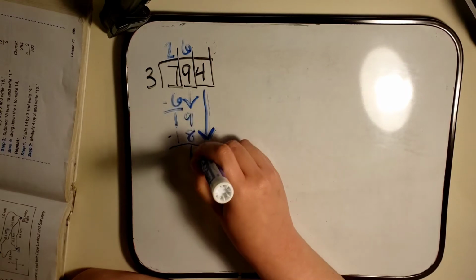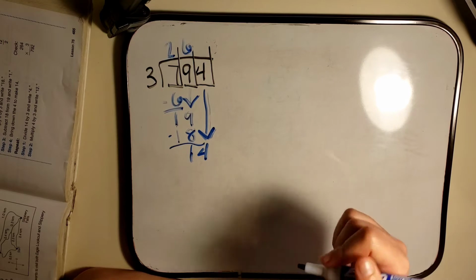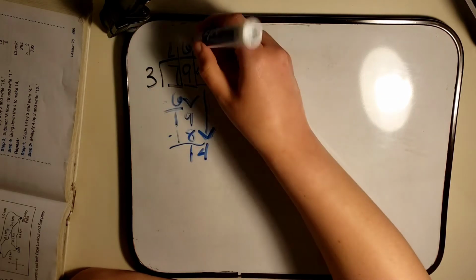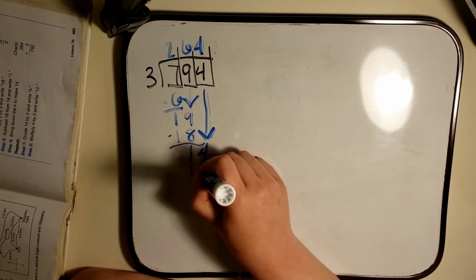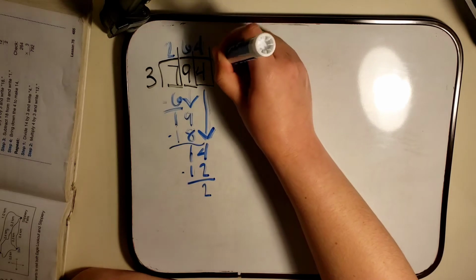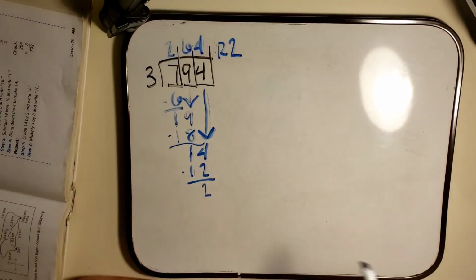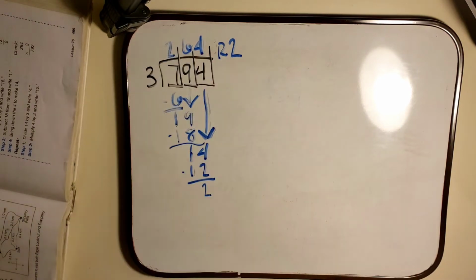Bring down that 4. And 3 goes into 14. Again, 3, 6, 9, 12. 4 times, 3 times 4 equals 12. And we have 2 left over. So our answer would be 264 remainder 2.